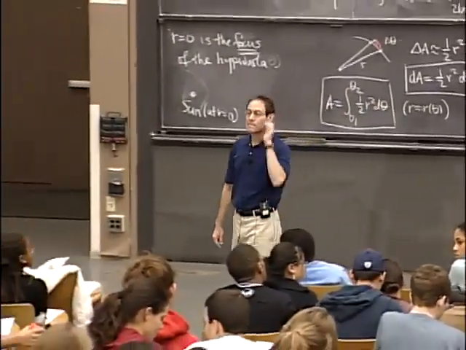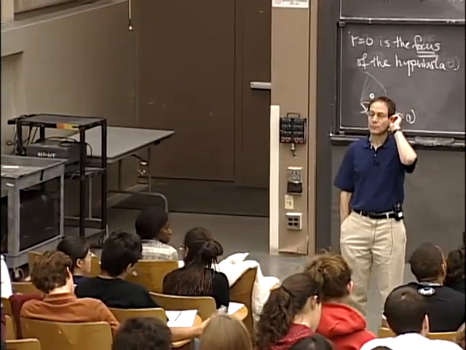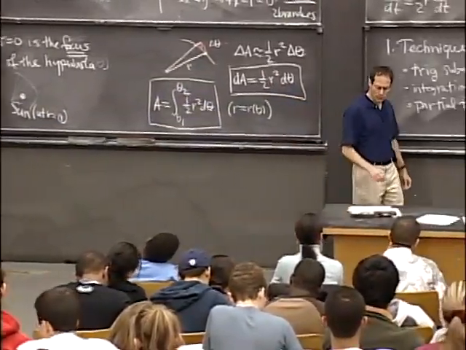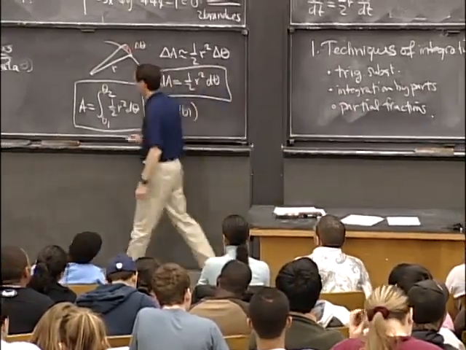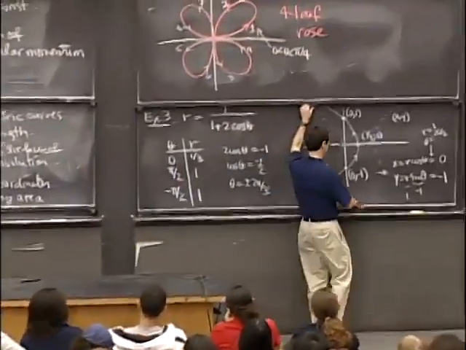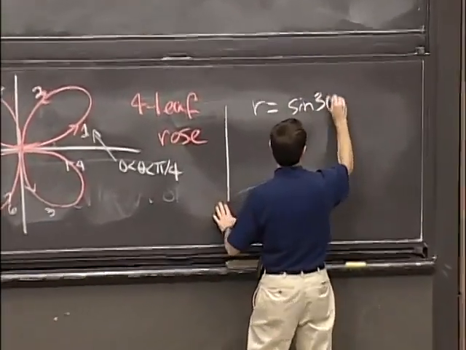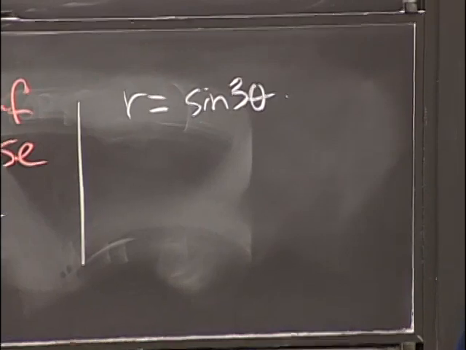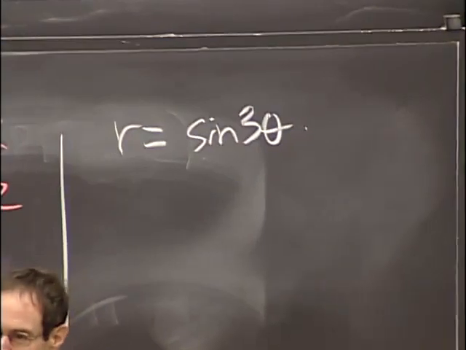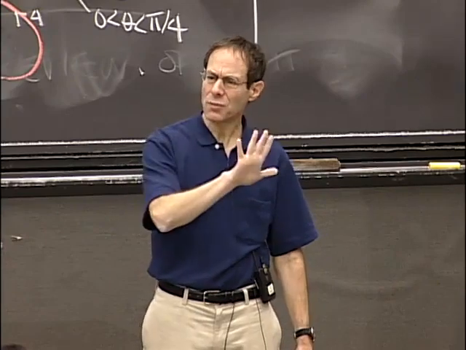Do you expect us to know, for example, r equals 3 cosine 3 theta on the top of our head, or do we have to sketch it? The question is, will I expect you to know r equals, so let's see if I can formulate this question. It's related to this 4-leaf rose here. Suppose I gave you something that looked like this. Would I expect you to be able to know what it is? I think the fair answer is, if it's this complicated, I only have 2 possibilities.